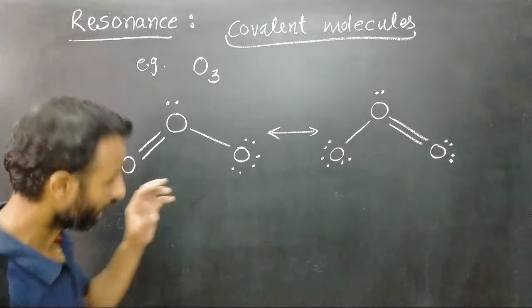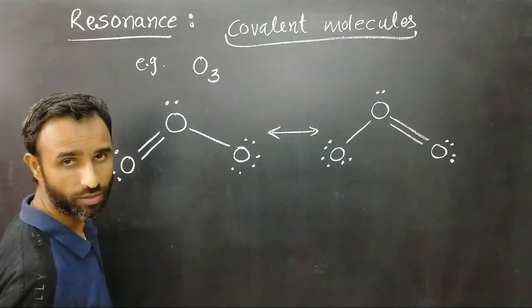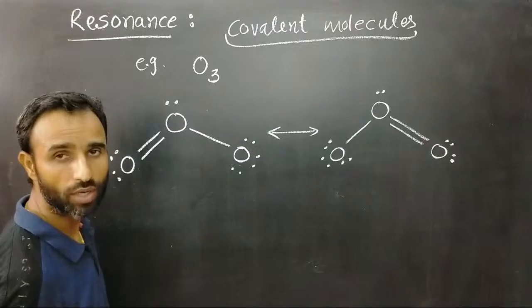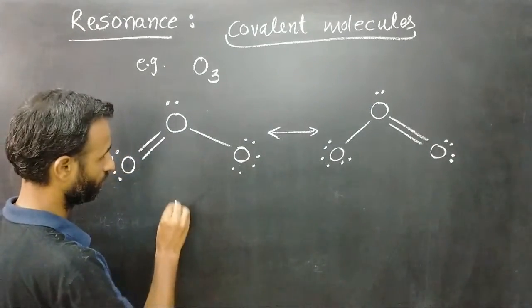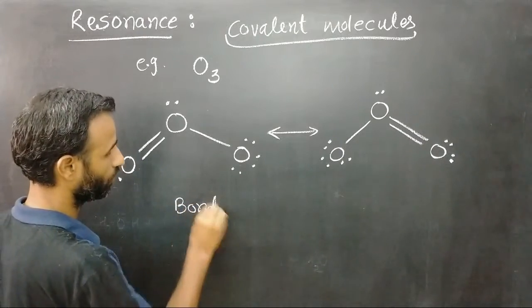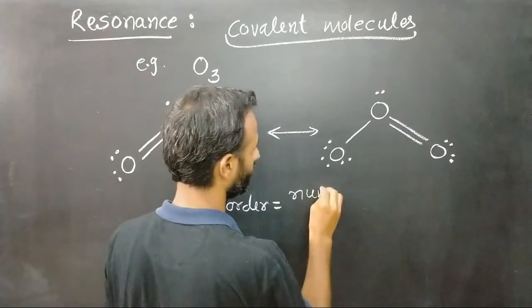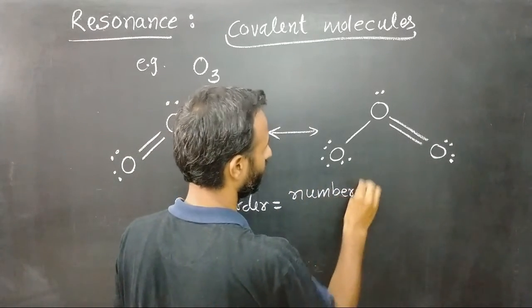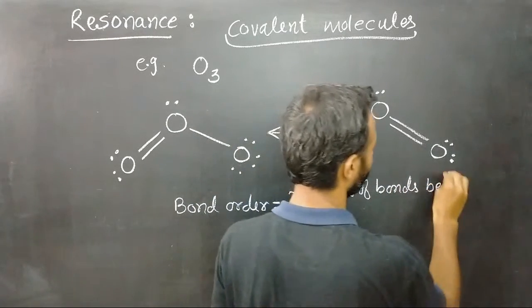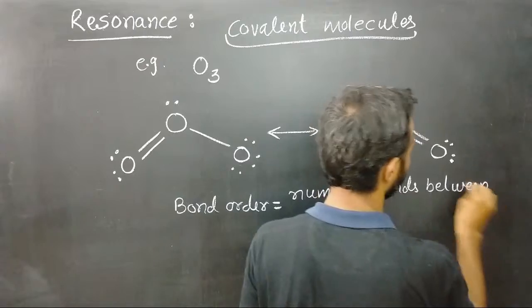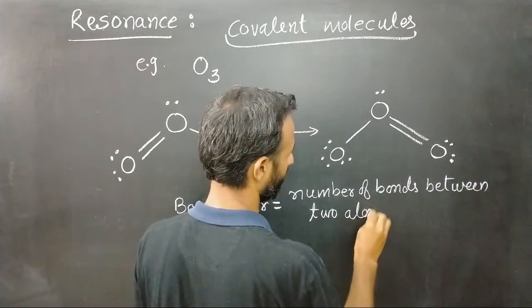Okay, and keep in mind the bond between 2 atoms is called bond order. What is bond order? Number of bonds between 2 atoms.